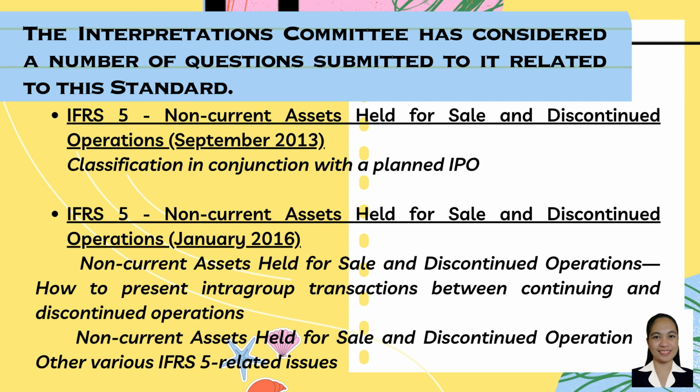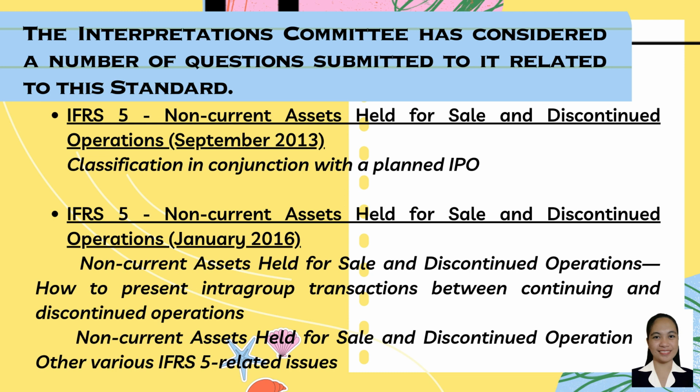The Interpretations Committee also noted that the entity should apply the guidance in paragraphs 8 to 9 of IFRS 5 to assess whether the sale of a disposal group by means of an IPO is highly probable.